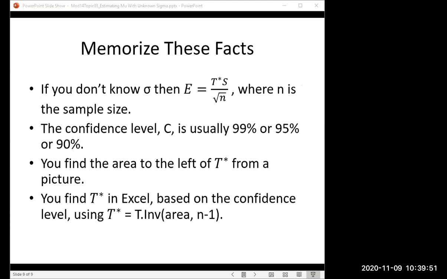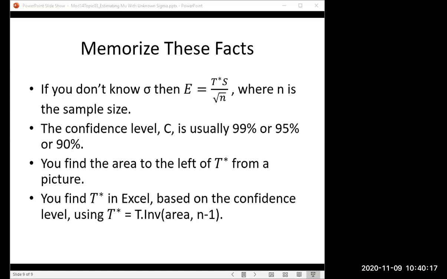So it's a similar list of things to memorize, like we had for the case when sigma was known. Here's the formula for your margin of error. The S is the sample standard deviation. The T star you can get from Excel.